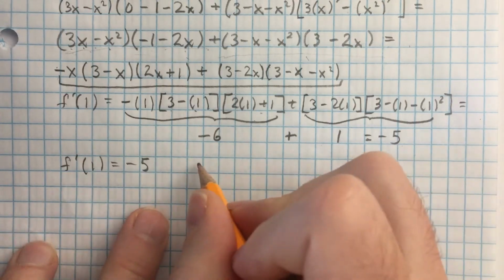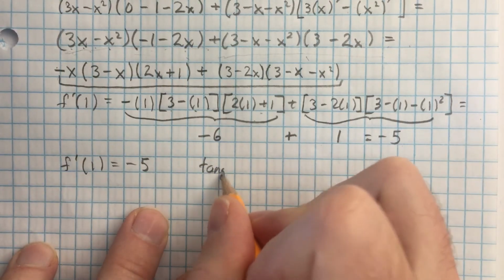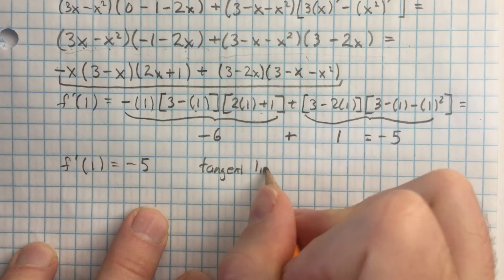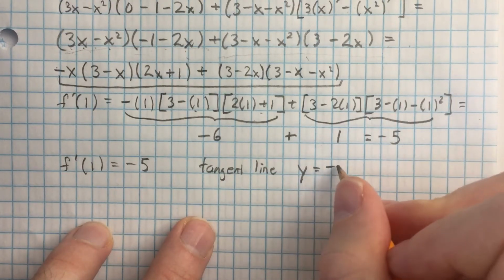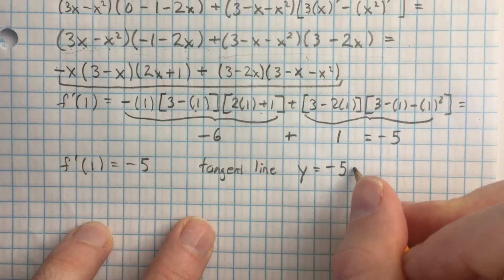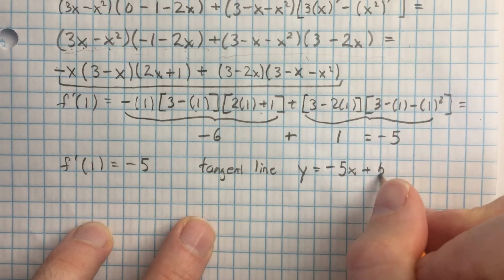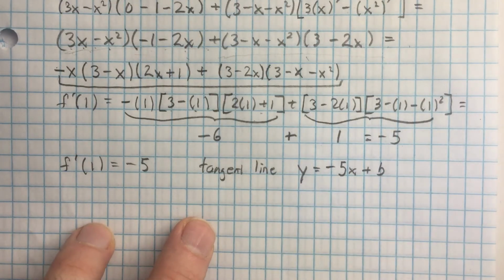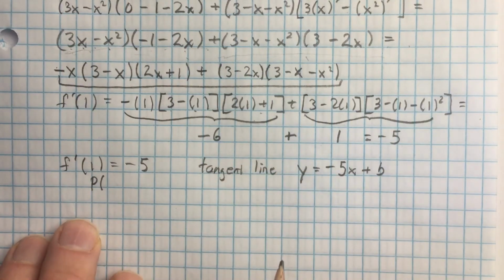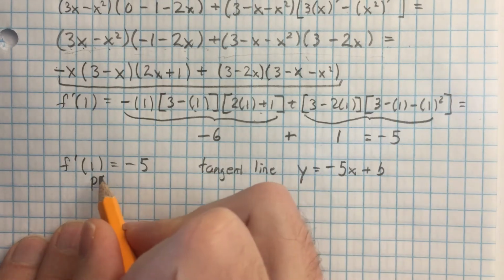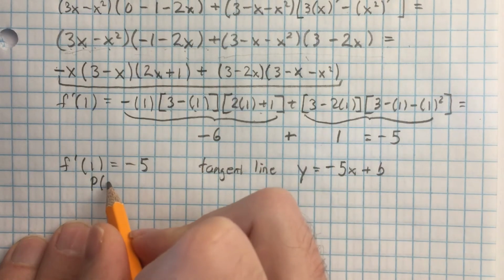All right. So therefore, the tangent line itself is y equals negative 5x plus unknown y-intercept. So what point does the tangent line have on it that we know for sure? Well, it shares the point of intersection with the curve at 1.